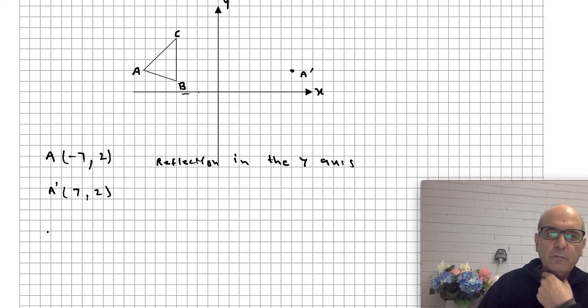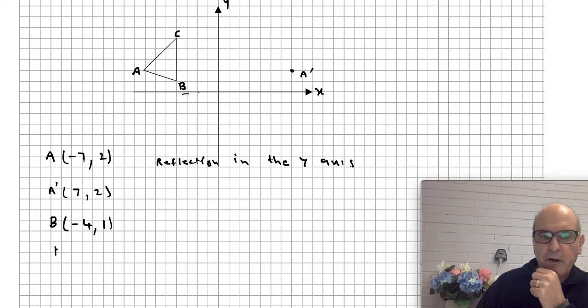All right, for point B, what's the coordinates of B? Start from the origin, -1, -2, -3, -4. So we went 4 units to the left from the origin. So that becomes -4 for x. And for y, how much is it above the x-axis? Just 1. So 1. All right.